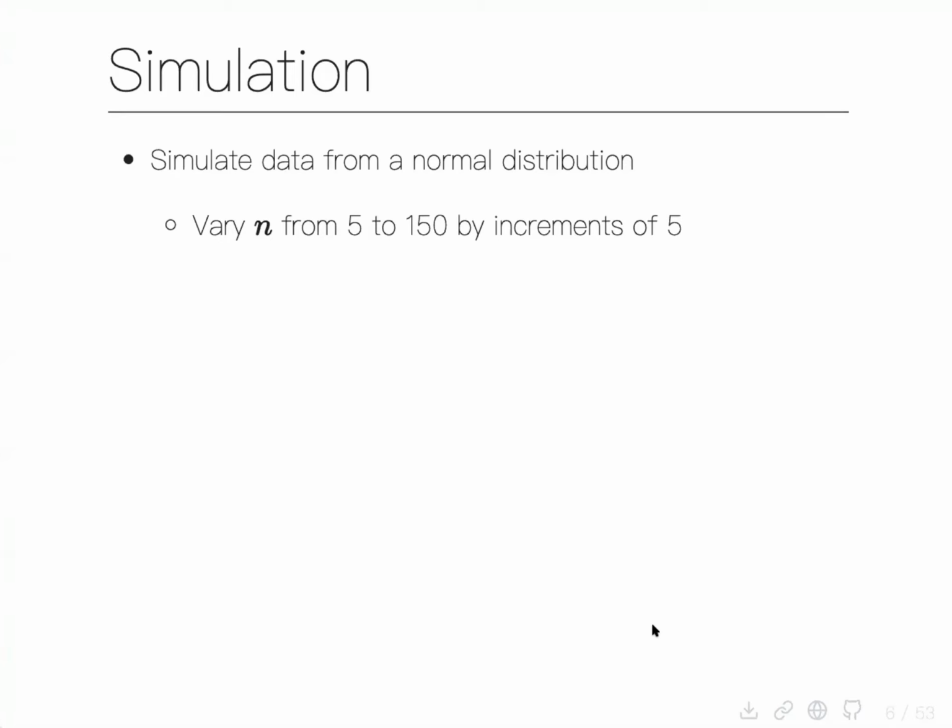Just like before, we're going to vary the sample size, the n, from 5 to 150 in increments of 5. But we're also going to vary the mean, or mu, for each of the sample sizes from -2 to +2 by increments of 0.25.